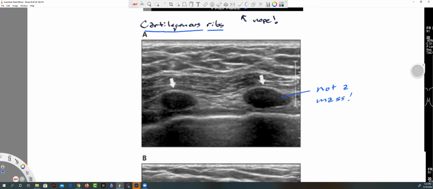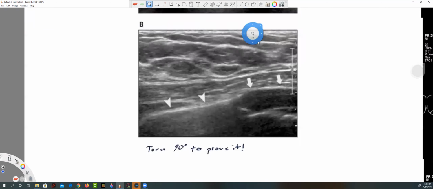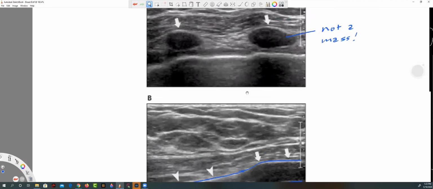And the way you know that it's not a mass is, anytime we find something like that, we turn on it. So when you turn 90 degrees, we see that it lengthens out. Okay, it's not a mass, it's actually a rib.